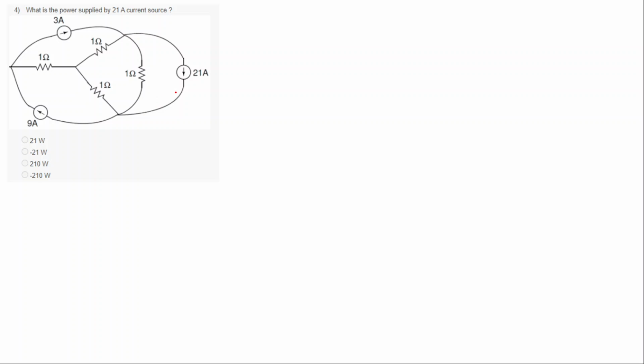Okay, so now for this problem, we need to find the power supplied by this 21 ampere current source. So now let's just see. Share your screen, okay, please.